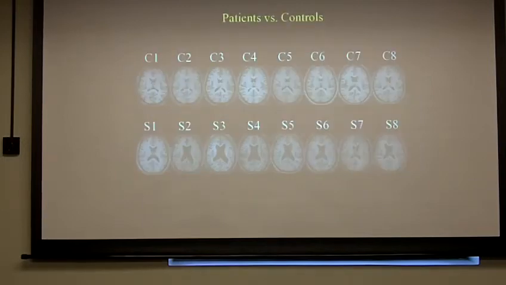And the implication is quite severe. The upper row represents 8 control subjects' brains normalized by affine-only and then nonlinear SPM2 normalization. And they look pretty much the same, except a couple of them. But the 8 patients' brains with severe diffuse injury look quite different.